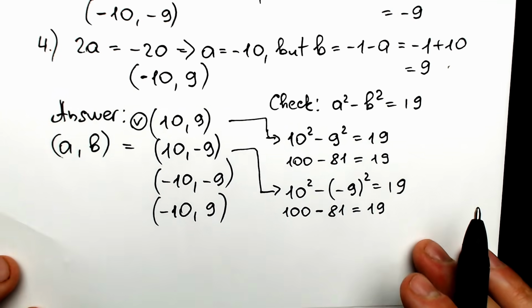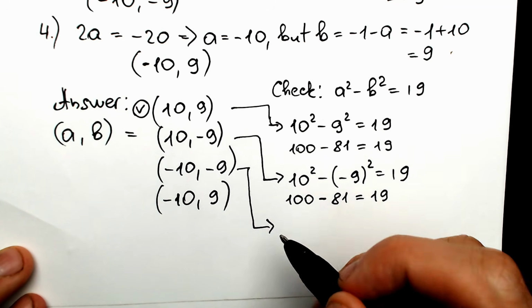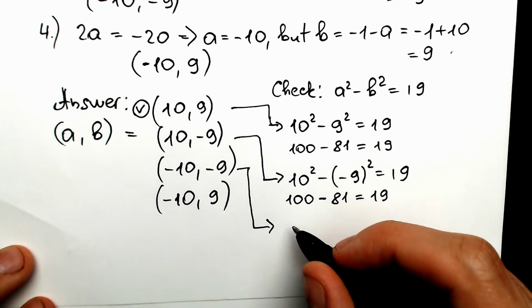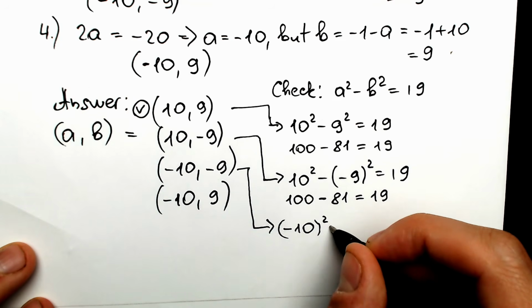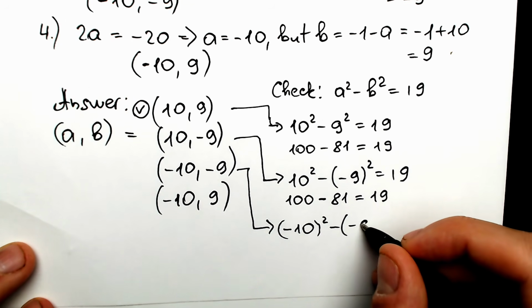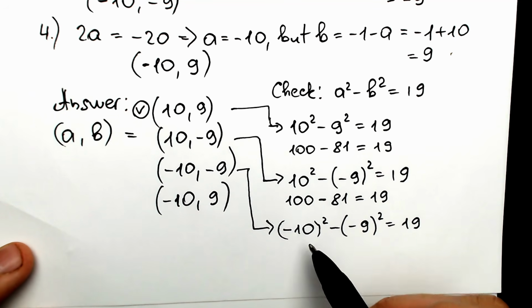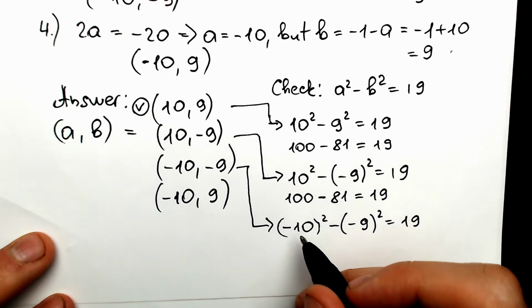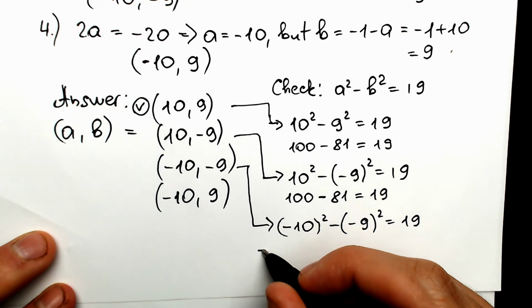We have all the time positive, and you can see this thing right here when we have both negative values. So we have minus 10 square minus 9 square equal to 19. And exactly in this case, we have both values negative. So that's why minus 10 square equal to minus 10 times minus 10. So yeah, we have all the time positive.